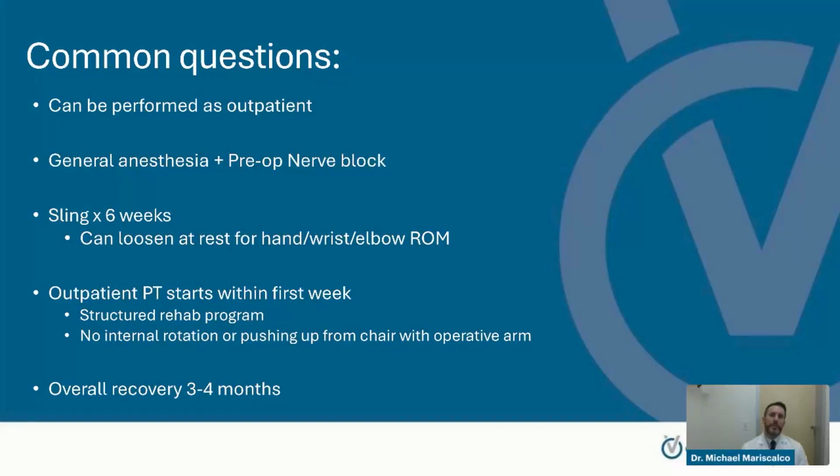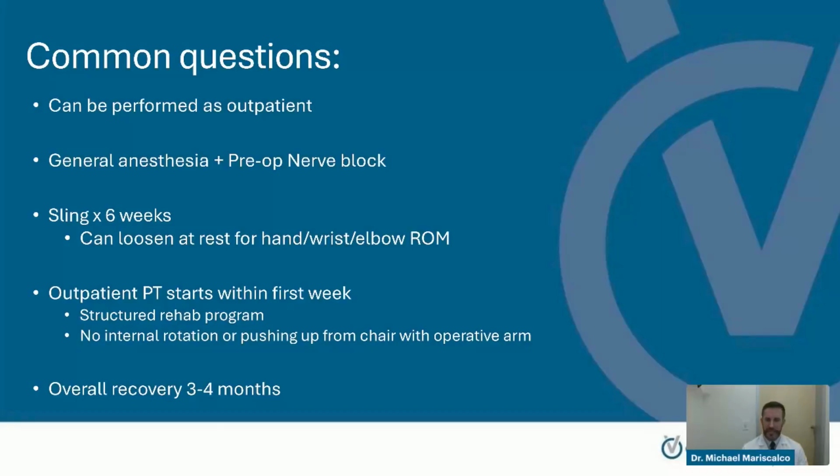So these are some of the common questions following any one of the 3 types of replacements that we covered. They can be performed as an outpatient, so patients can, in some situations, come and go the same day. It is a general anesthetic, typically done with a preoperative interscalene nerve block.